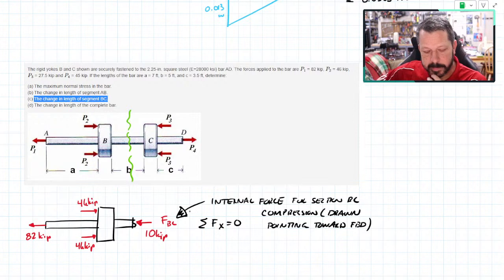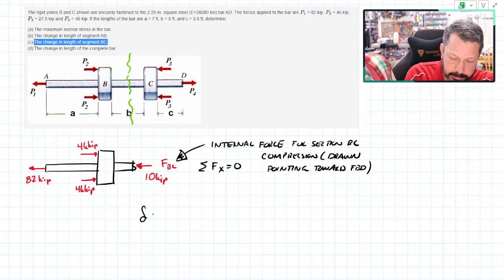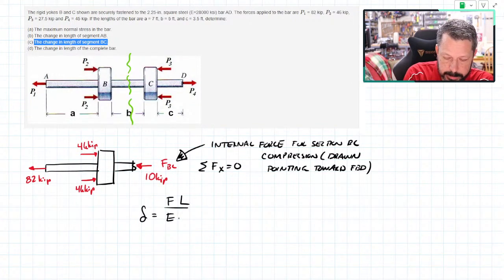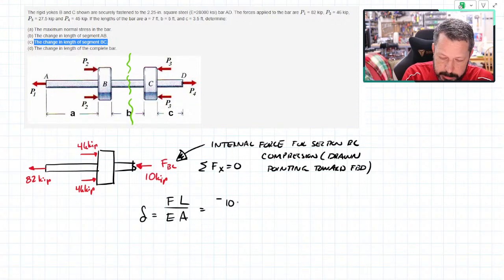Okay, so now I can take that 10 kips and I can use my axial deformation equation. I'm trying to find change in length. That's delta equals FL over EA. So the internal force F is technically negative because it's a compressive force. 10 kips, I'll put 10,000 pounds.